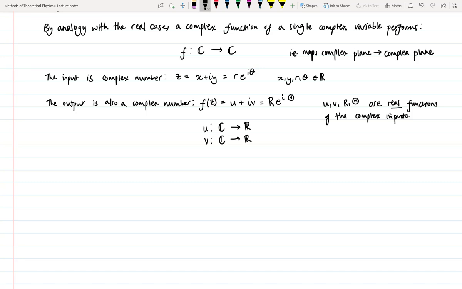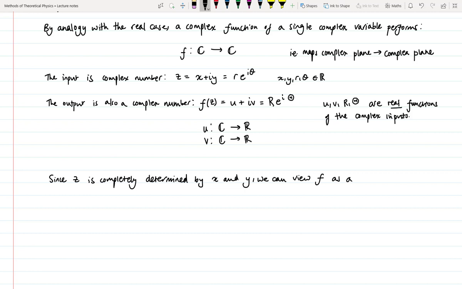We have that the input to our function z equals x plus iy. So it's easy to see that since z is completely determined by the real numbers x and y, we can actually view this function of a complex variable as a complex function of two real variables.